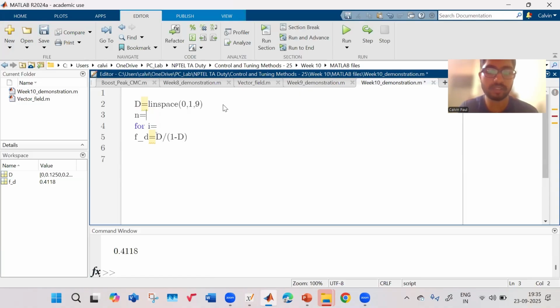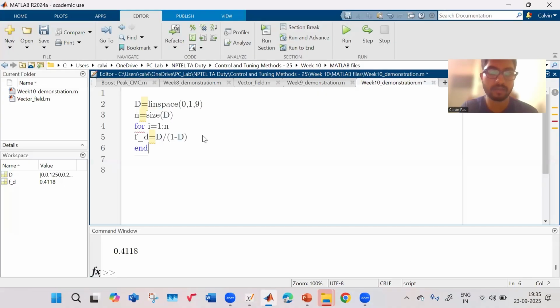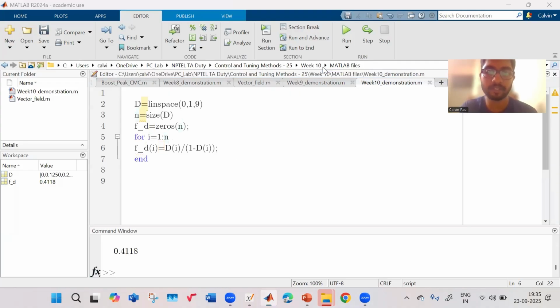Let's say n is equal to the size of D, with i going from 1 to n. F of D(i) is computed from D(i). Let's initialize F of D to 0.